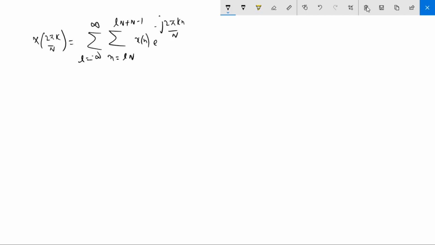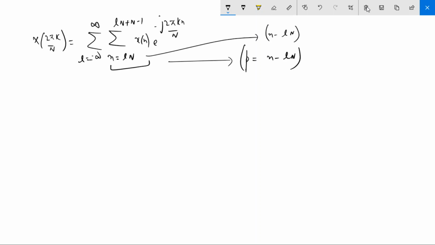Okay. Again, in this summation, we change the order of summation from n to, suppose, p is equal to n minus ln. In the book it is written n minus ln, but that sometimes creates confusion. The variable is changed from n to p, with p is n minus ln.